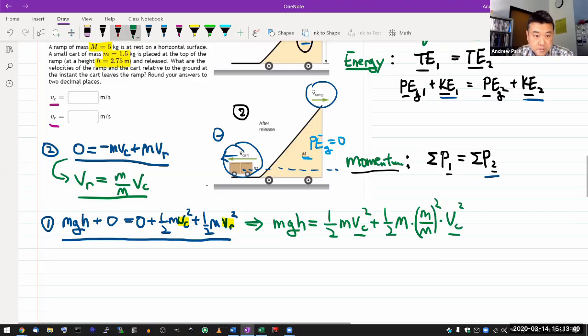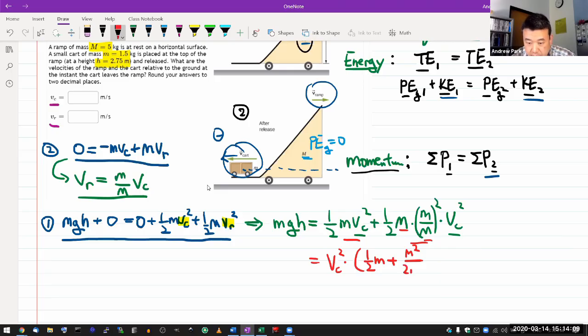So let me just go through that solution step. Let me imagine factoring out VC squared from both the terms. Then what I get is VC squared times 1/2 M plus, let me simplify this here. It's going to be m squared divided by 2 M. One factor of M cancels out with that.